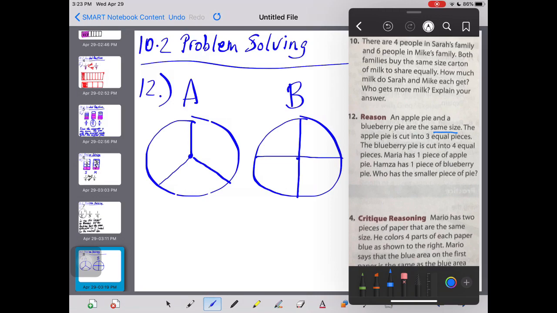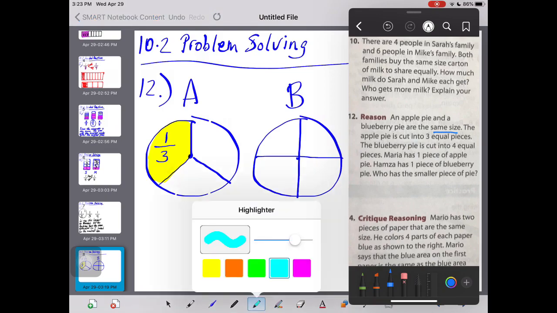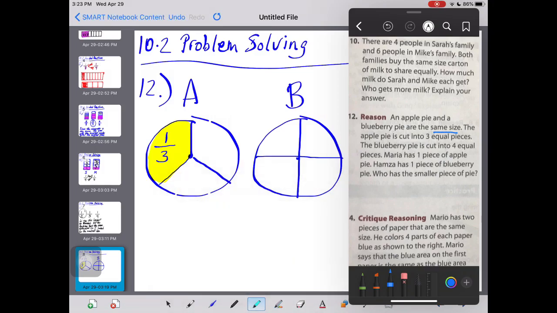So it says Maria has 1 piece of apple pie. So Maria got 1 piece of the apple pie. And when we're thinking 1 out of 3 pieces, that's 1/3. Okay. Now Hamza had 1 piece of blueberry pie. I'm going to go blue. 1 piece of blueberry pie.